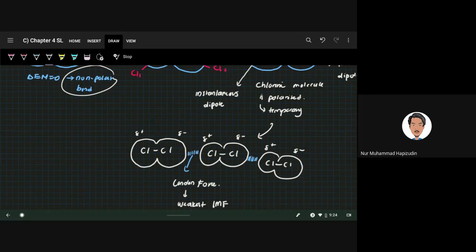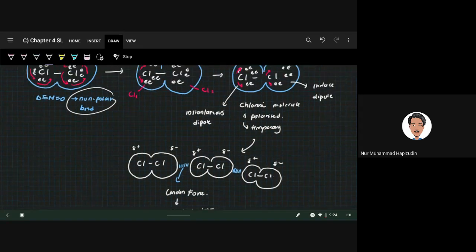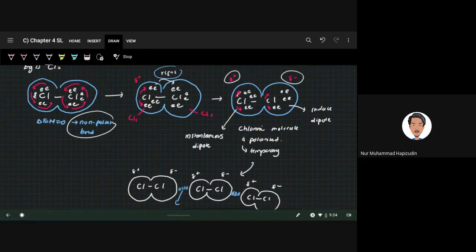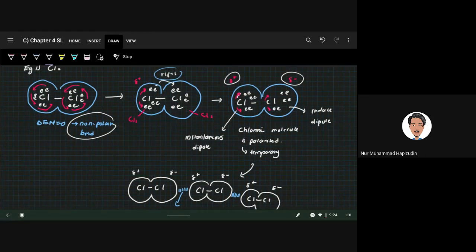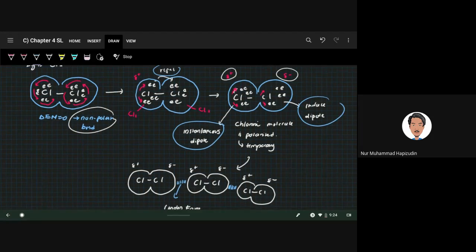Okay, all molecules that are made up of the same type of atom all undergo London force. Okay, but it's just the process. I just want to explain the process of how London force is formed. Okay. Don't forget there are two roles here. First is called instantaneous dipole, and second is induced dipole. Okay. So this is London dispersion force.